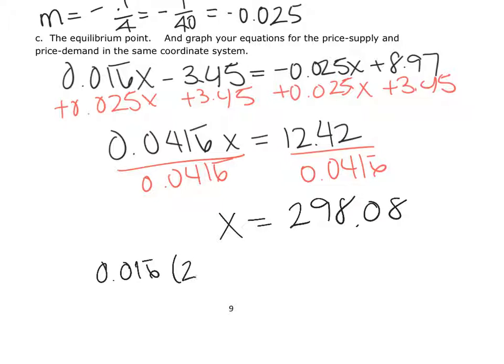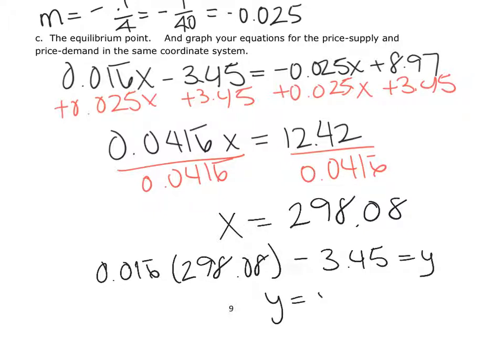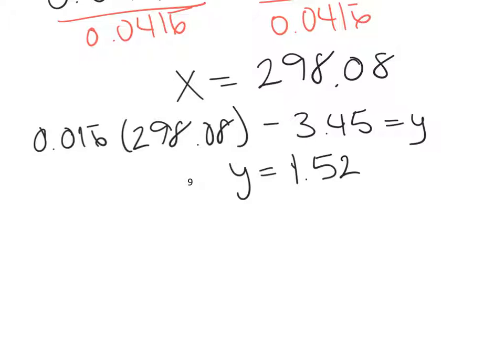X was 298.08. And minus the 3.45, and I'm trying to figure out what my equilibrium y is. And so when I do that, I've got the equilibrium price. I ended up with $1.52, because I'm going to round 52 cents. And so my equilibrium price is $1.52.